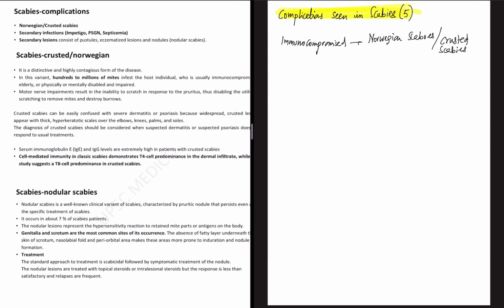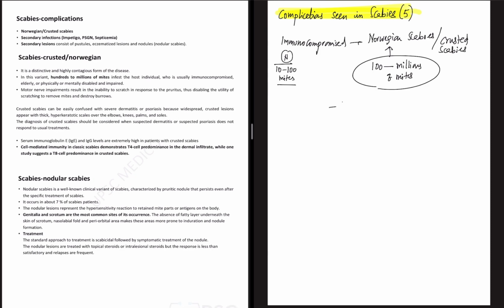Normally in a scabies lesion, you will see 10 to 100 mites, but this count can range from 100 to millions in a burrow. That's the problem. It is a very severe infestation of Sarcoptes scabiei. Even dermatologists can be confused with dermatitis or psoriasis because the lesions are widespread and crusted. That's why it is called crusted scabies.